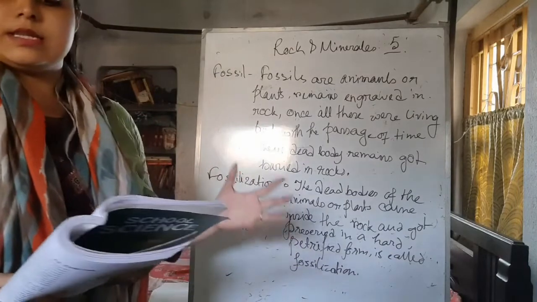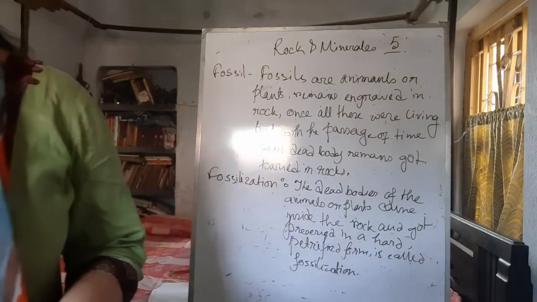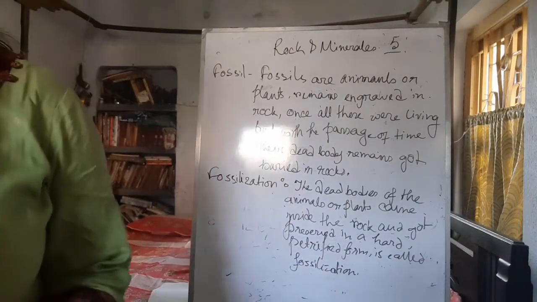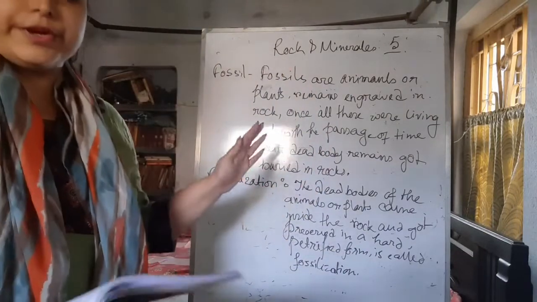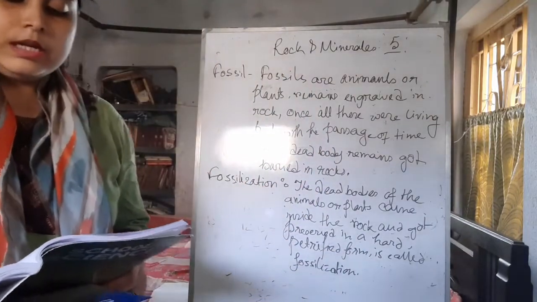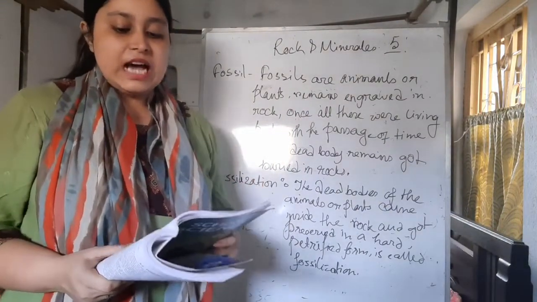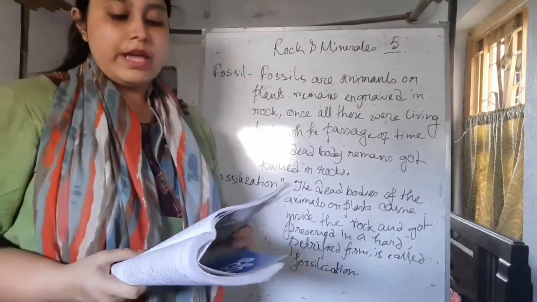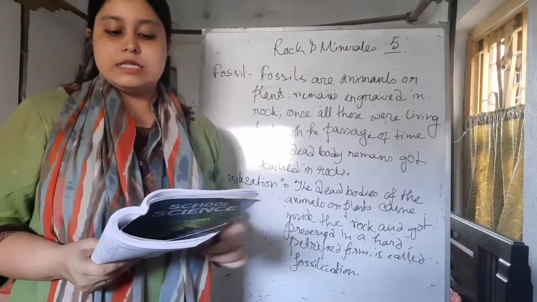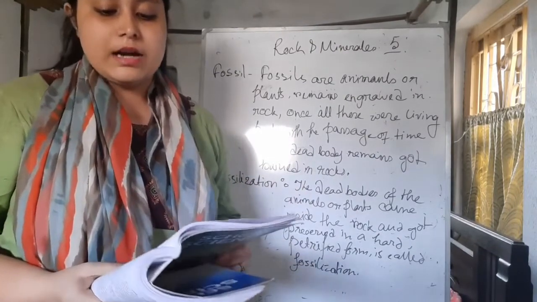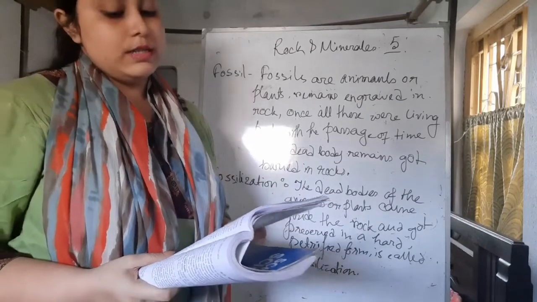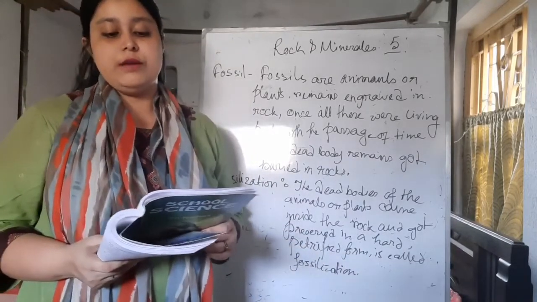The remains, after undergoing a variety of physical and chemical changes over a long period of time, got transformed into rocks. The impressions or rocky remains of once living organisms are thus converted into fossils through fossilization or petrification.